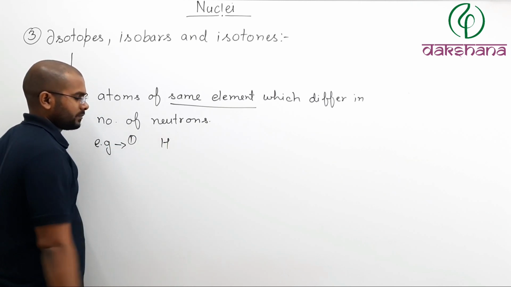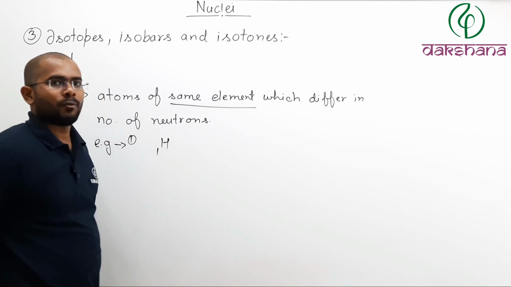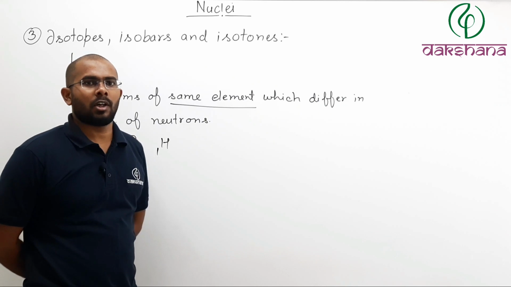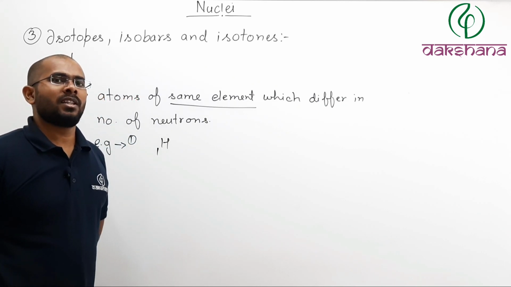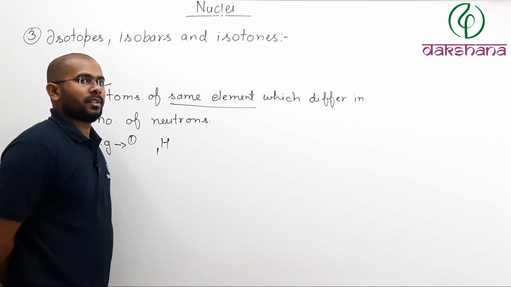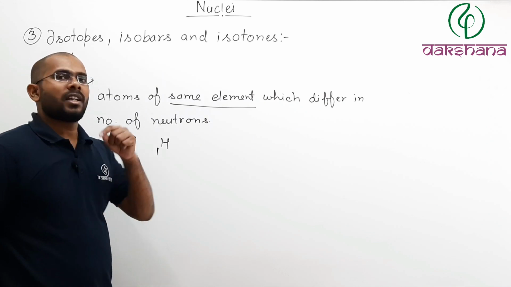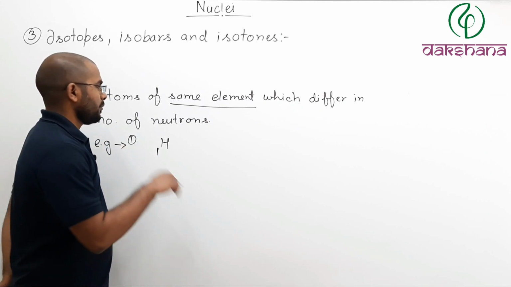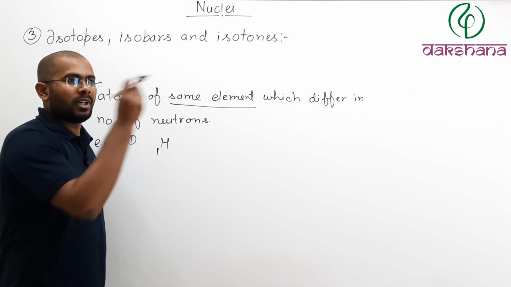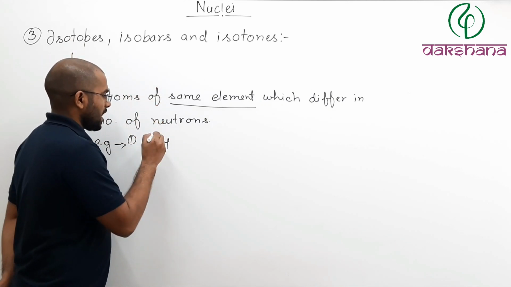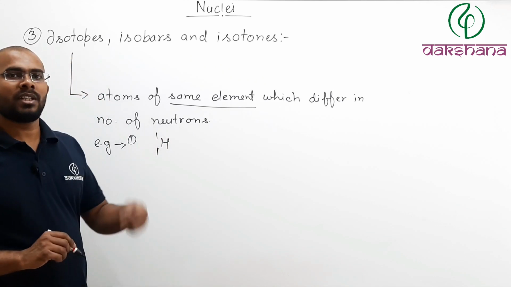hydrogen. Atomic number of hydrogen will always be 1, meaning number of protons will always be 1. But number of neutrons can be different. There is one isotope of hydrogen which has 0 neutrons. There are no neutrons, only one proton is there. So for that, atomic number and mass number both will be same.